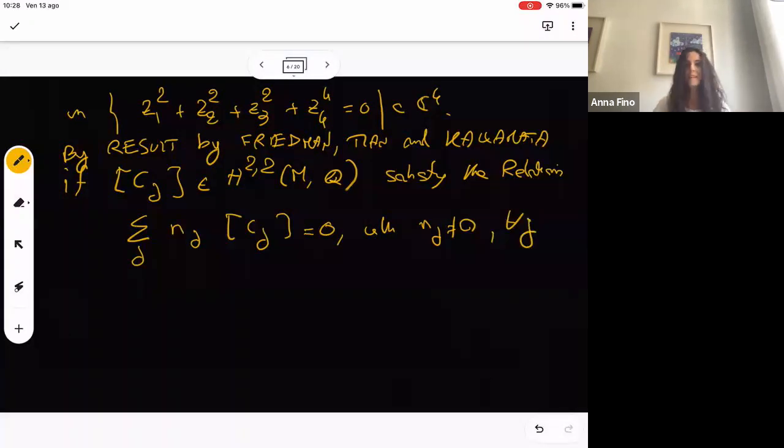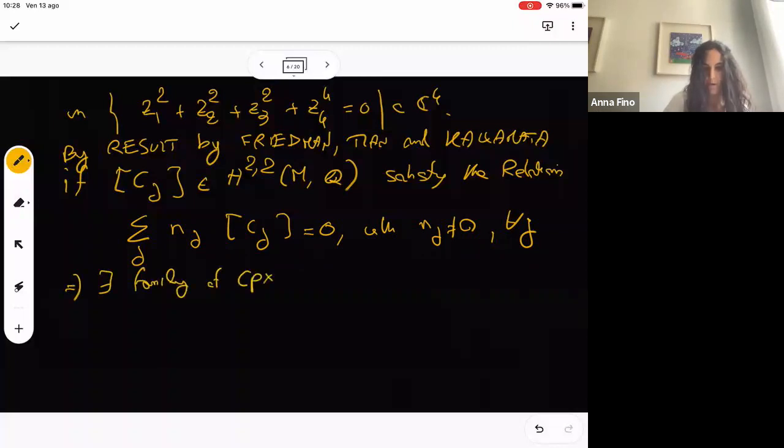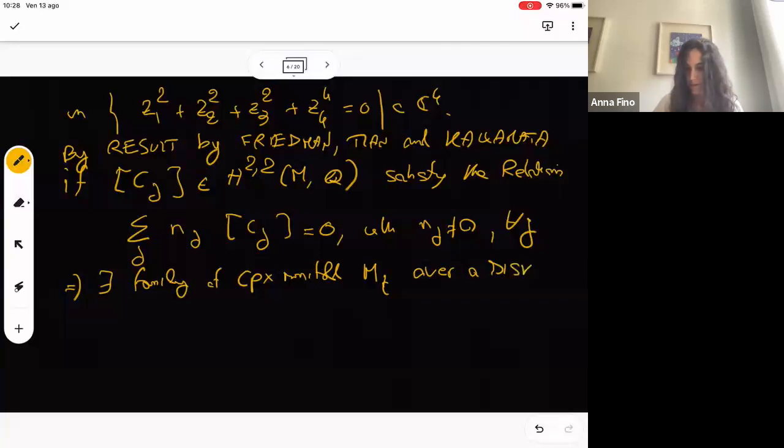Then one can deform essentially M0 to a family of complex manifolds. So they show that there exists a family of complex manifolds. This is a smoothing. Before we did the contraction, and now we are doing the smoothing. Let's call it MT, parameterized over a disk, let's call delta this disk in C. So we go from M to M0, and then we have this smoothing.